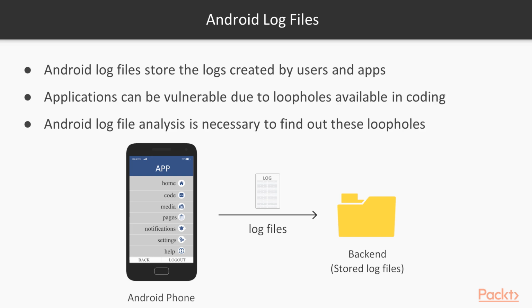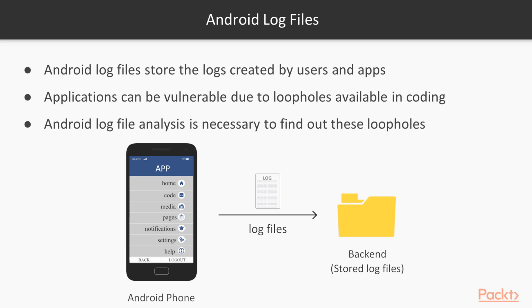So this is the place where you can find all the logs, all the activities of the user, right? That's why if you want to find some secret information, or if you want to know about the user, how it works, then you can analyze the Android log files, because it contains all the logs created by the user and the Android machine.